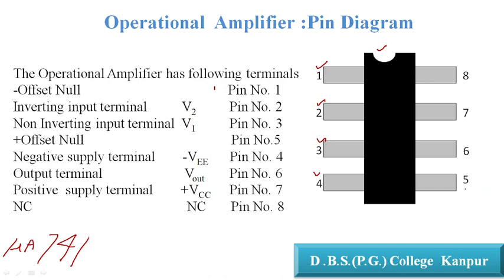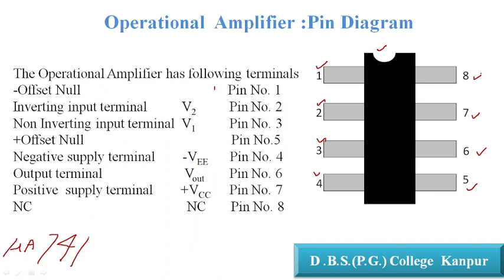From the other side, pin number 5, pin number 6, pin number 7, and pin number 8. Nothing is written on the IC except the company and the name of the IC, and the pin numbers are not written. But you count from the notch, and the nearest point is 1, and this is the direction of counting.